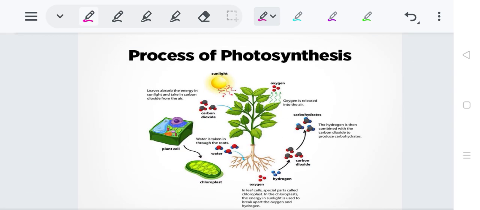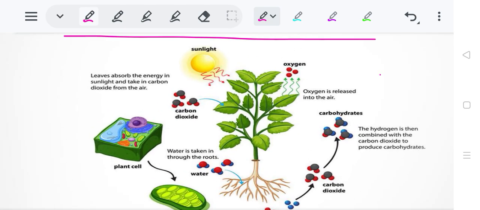Now we have the process of photosynthesis. If you see here, the plant takes carbon dioxide from air, sunlight from the ultimate source, the sun, and water from the roots. This is how it works.